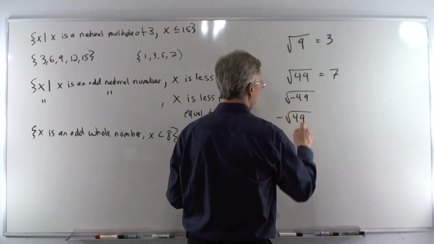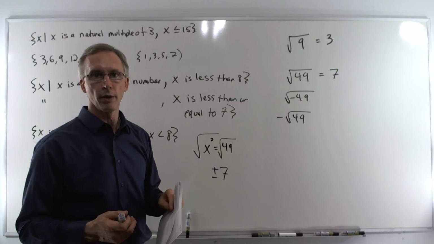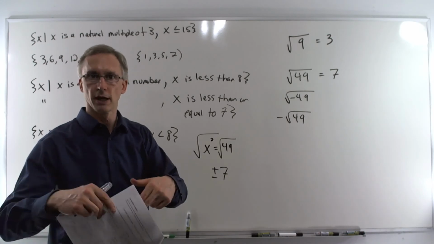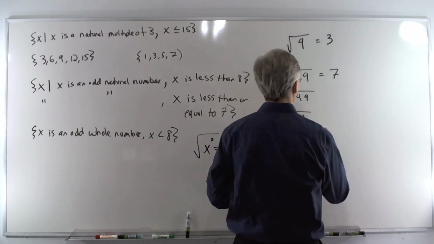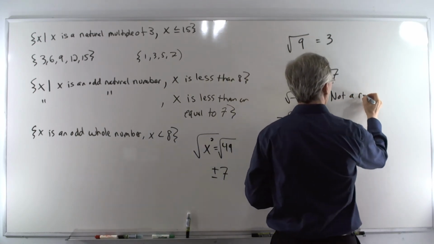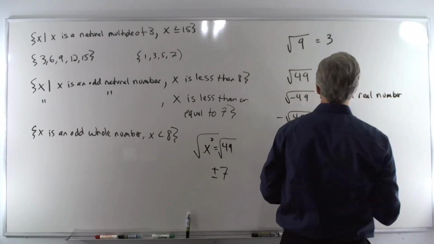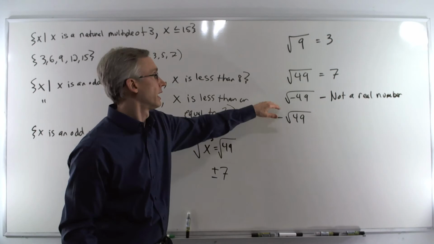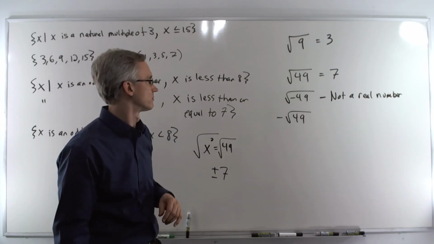Now in this one, we're trying to take the square root of a negative number. There's no way we can take two negative numbers and multiply them together and get a negative number. So this one is not a real number. Now we do have ways of handling that, and we'll address that in chapter 7.